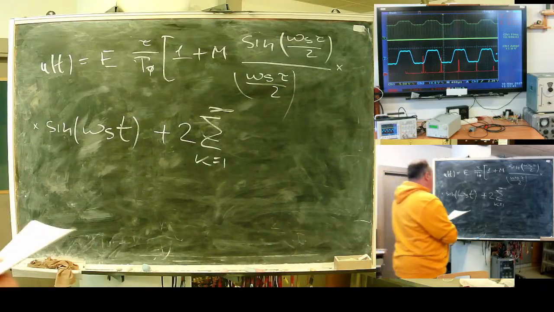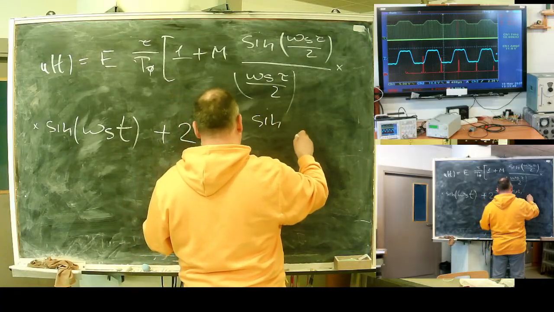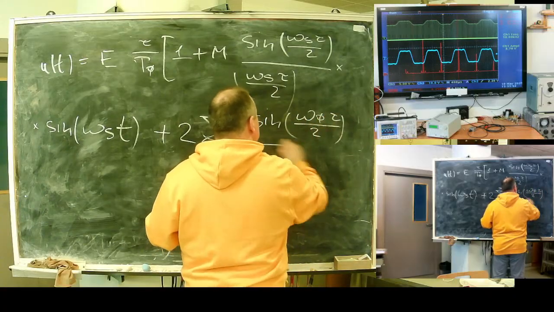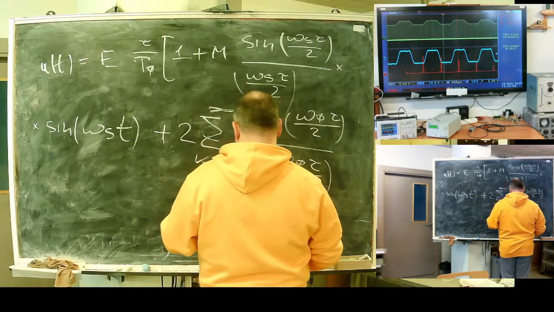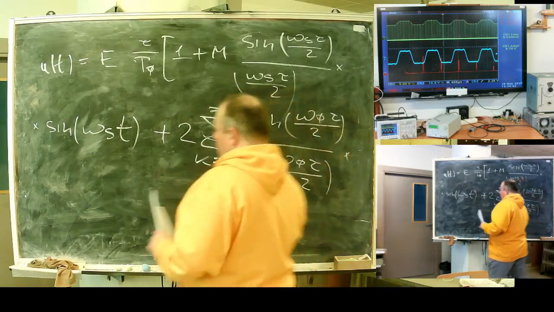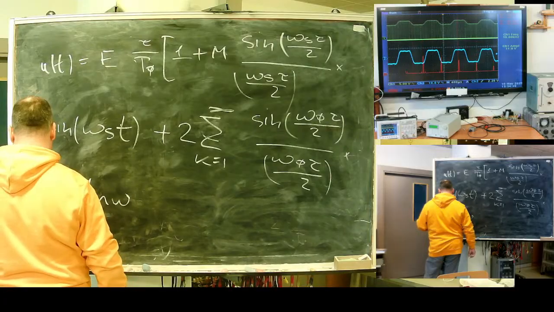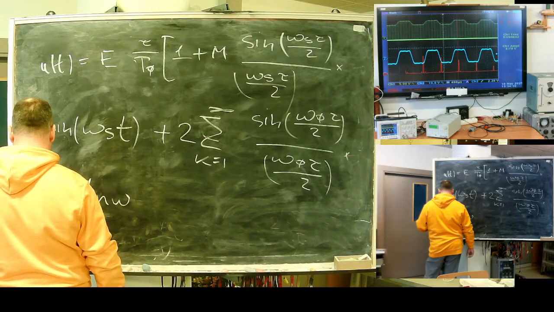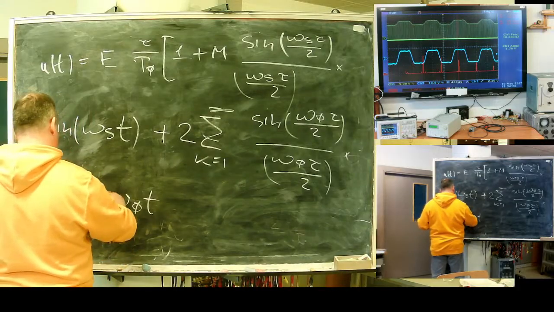Maybe I need to switch cameras. Sine omega 0 tau divided by half divided by omega 0 tau by half, multiplied by cosine of n omega 0 time, it should be n.